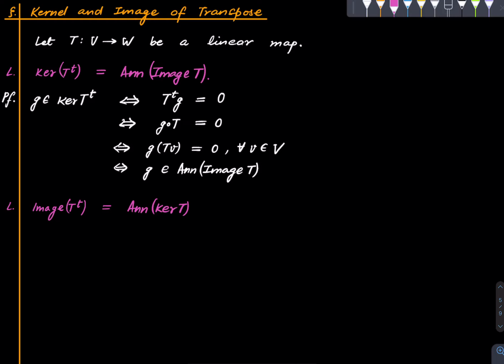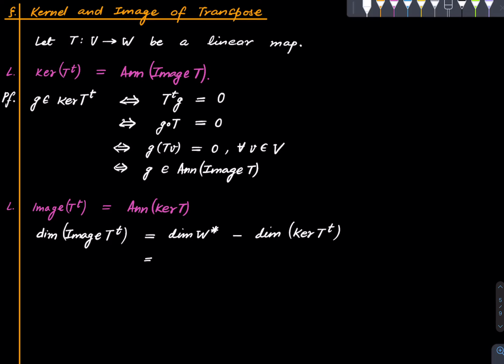Okay. So first of all, we'll do a dimension argument. The dimension of the image of T transpose is, by the rank nullity theorem, the dimension of W star, because the map T transpose has its domain as W star, minus the dimension of the kernel of T transpose.